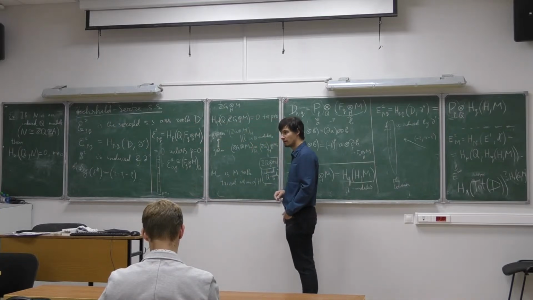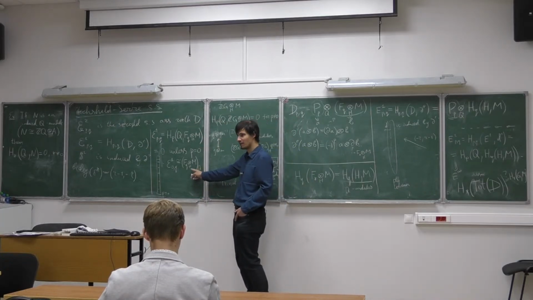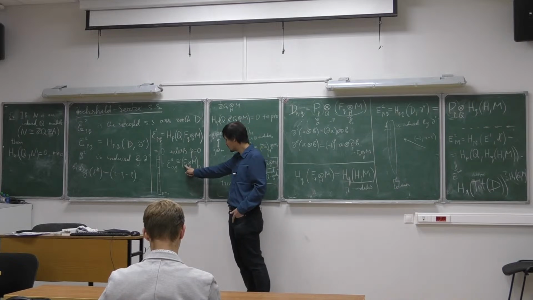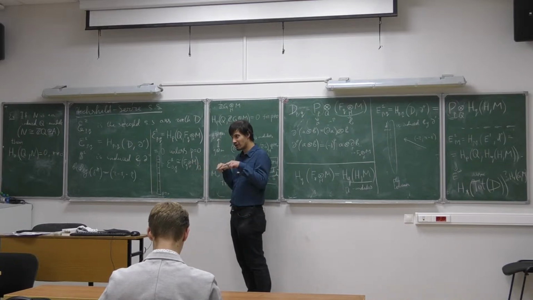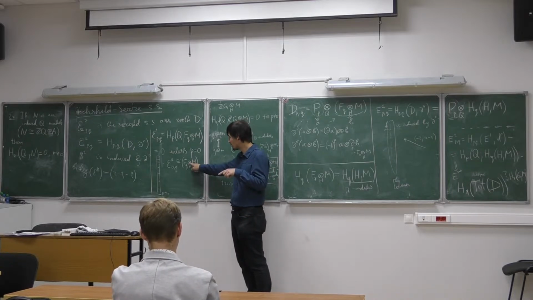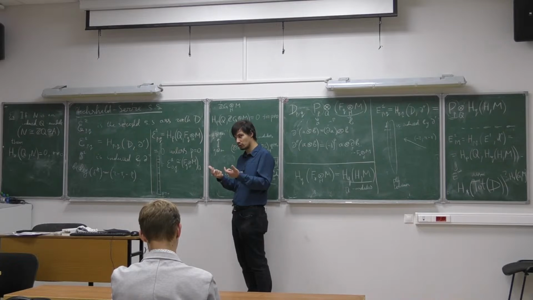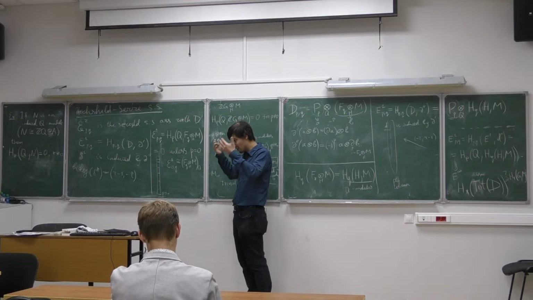Well, but now what is this? Look, this was a module over G. This also was a module over G. We took their tensor product over H. This means that we took their tensor product as abelian groups, and then we take the quotient by H. And we said, okay, now it became a Q module.